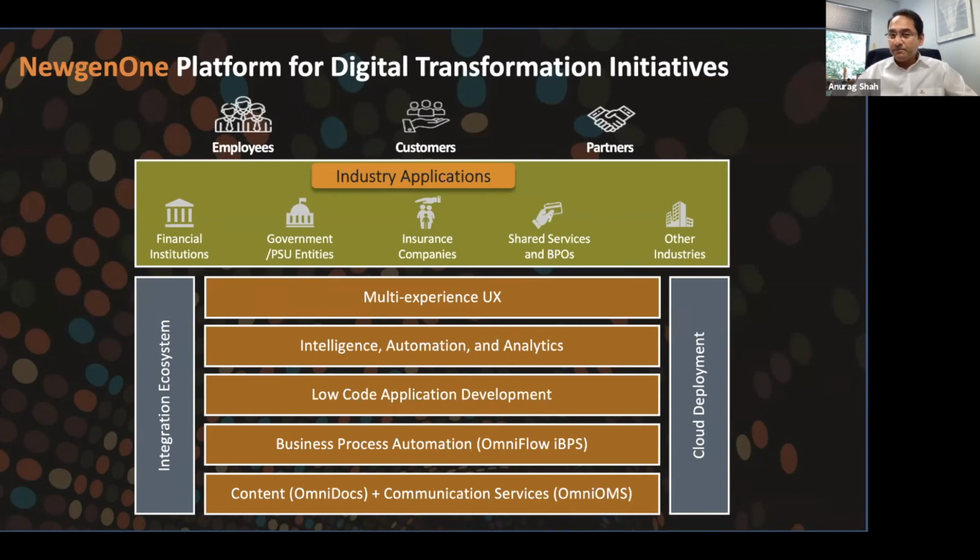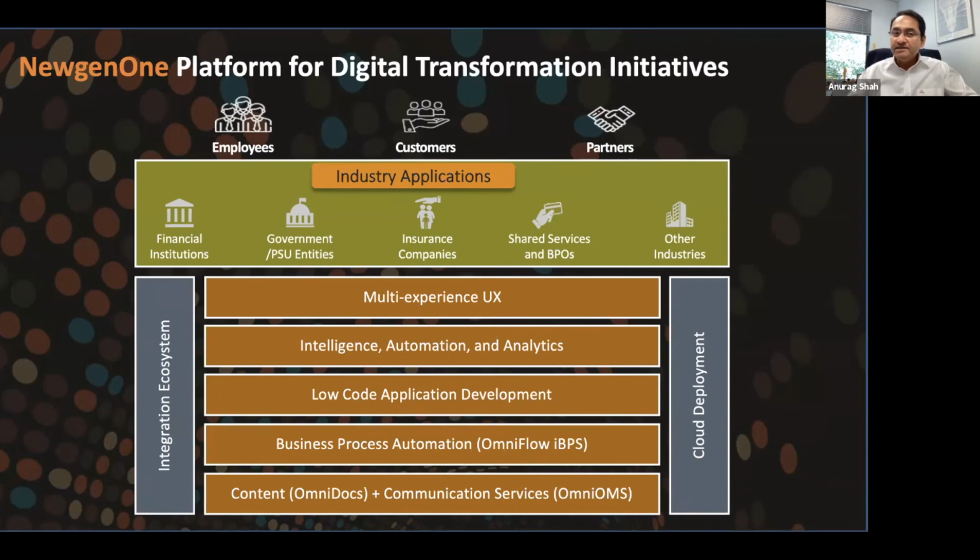And then it combines all of these 3 to create that low-code application development platform or framework, bringing in again the leading technologies like artificial intelligence, machine learning, to provide that intelligence, that automation, and predictive analytics into the process or the application or the deployment that you are doing on the low-code application platform.